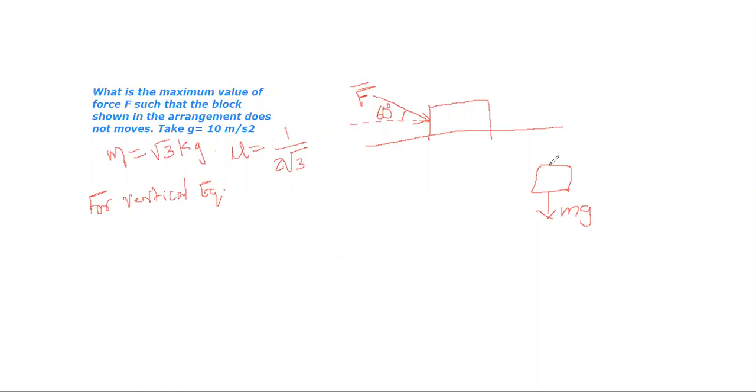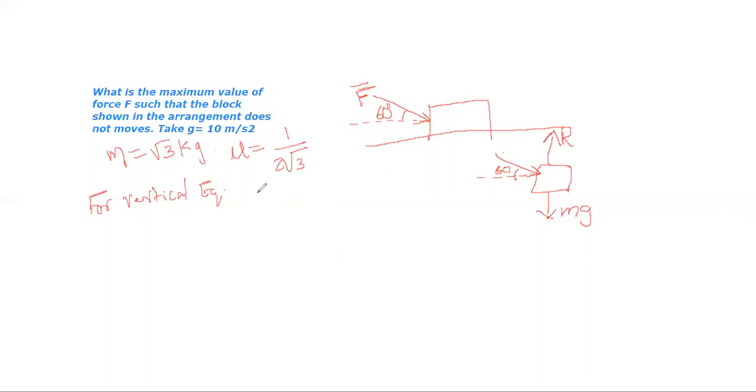Then it has a normal force R, which is acting against the mg, and we have a force acting in this direction, that is at 60 degrees to the horizontal on the block. So these are the three forces that are acting on this block.